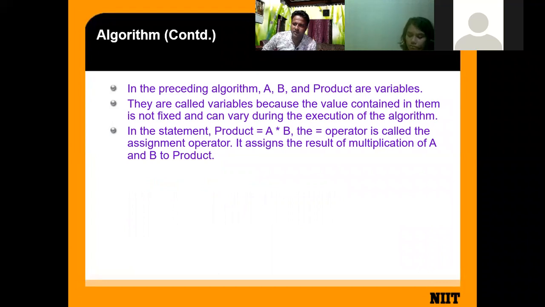Variable is a memory location where we store the value, and the value will change throughout the program execution.